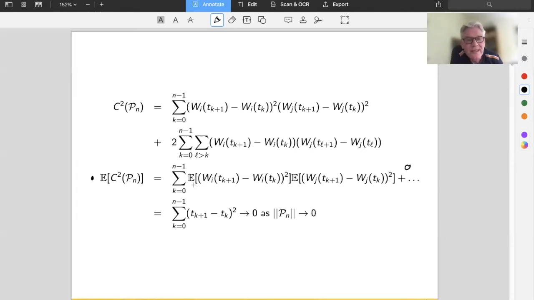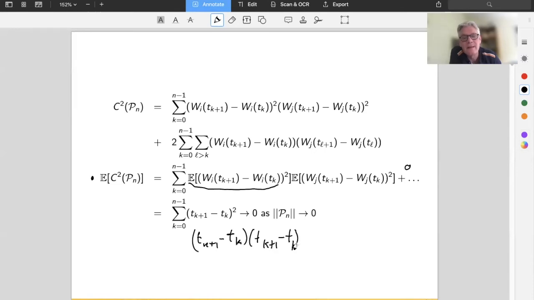Now, if we look at these expectations, we see squared increments of Brownian motion, and they are connected to the variance. So this one here is tk+1 minus tk, and the expected value here is the same, tk+1 minus tk.